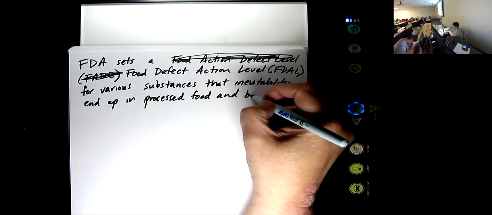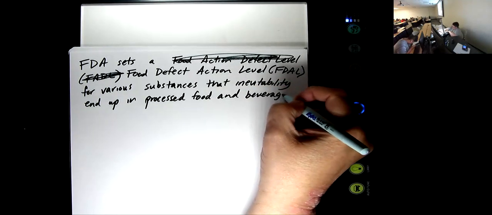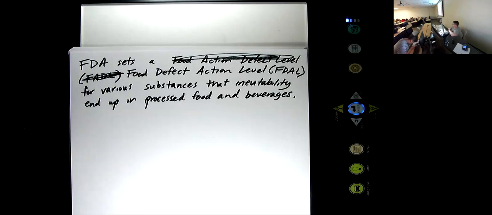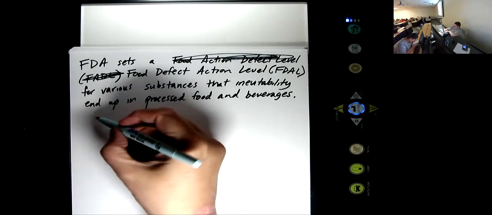Food and beverages. If it goes through a factory, there's some stuff in it. It's not going to be pure. Things happen. Dust falls in it. Bugs in the building. It goes through a grinder. You get some bug parts. They have one for chocolate.